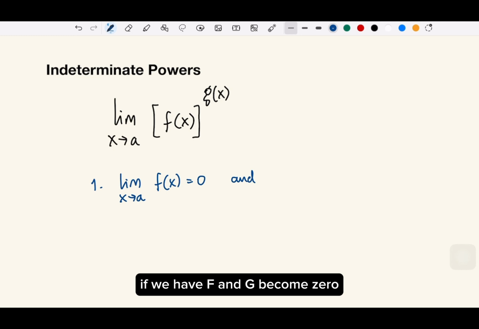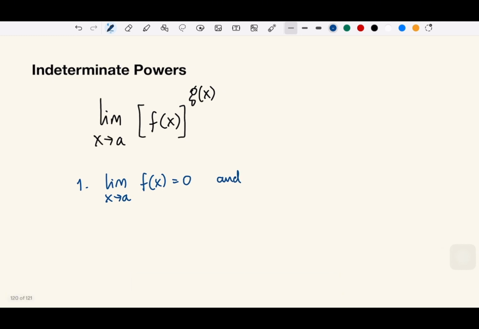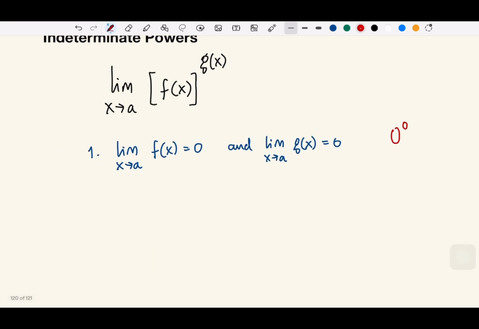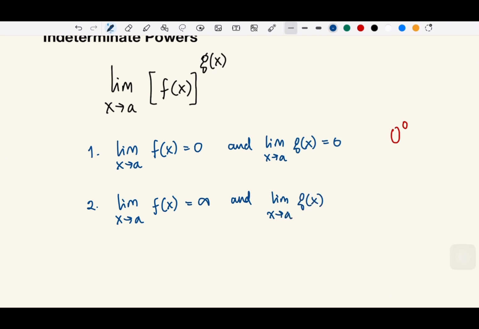If we have f and g becoming 0, so this is 0 with power 0.